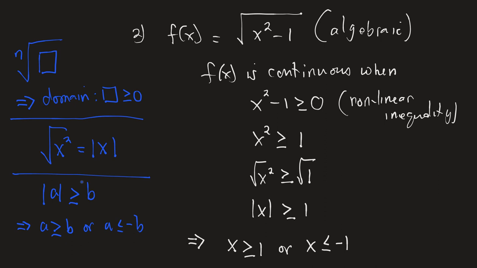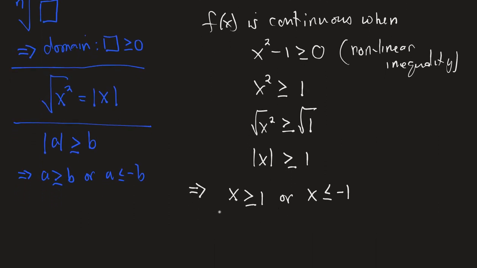All the stuff in blue here, these are algebraic concepts that we're using to now figure out what the interval is. So here would be our final answer, and you can write it as inequalities, or you can write it using interval notation. So 1 to infinity like this, and then your union, and then negative infinity up to and including negative 1, right?